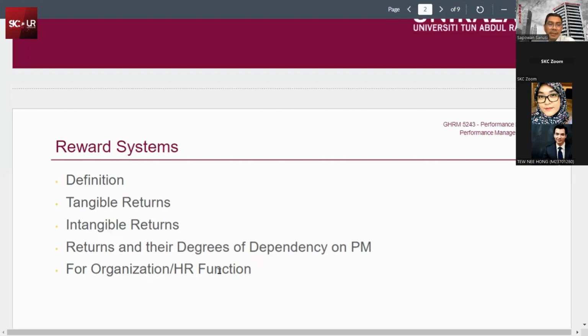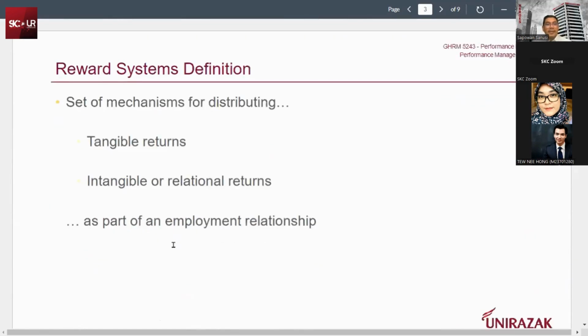So after that, we need to understand this reward system for organization and HR function. What is the purpose? Okay. So this is the definition, a set of mechanism. When we are putting a mechanism, they have a system, they have administrators, they have a process, they have planning, and also it must be in the wording of strategy.